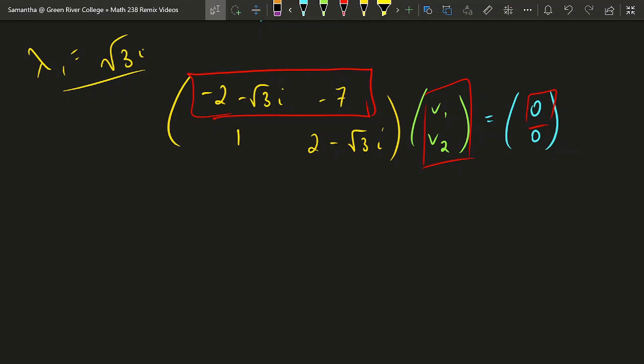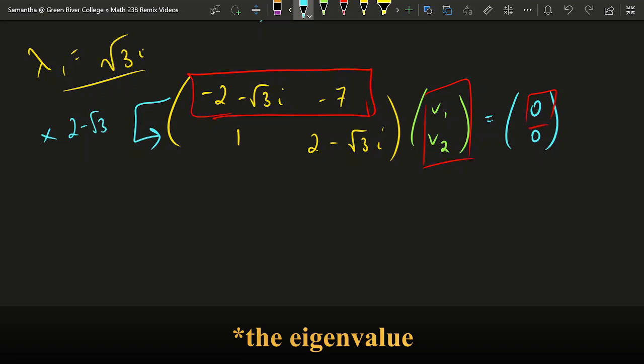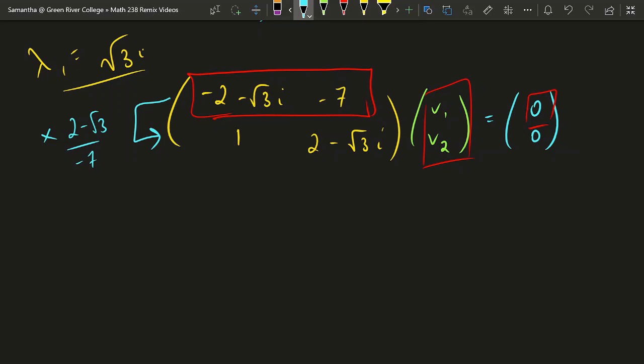As it turns out, that is happening in this problem as well. In this problem, the second equation is a scalar multiple of the first. The problem is that the scalar multiple is complex valued. The second equation is equal to 2 minus root 3i divided by -7 times the first. You can confirm that if you want to using complex arithmetic, but you can just take that for granted.